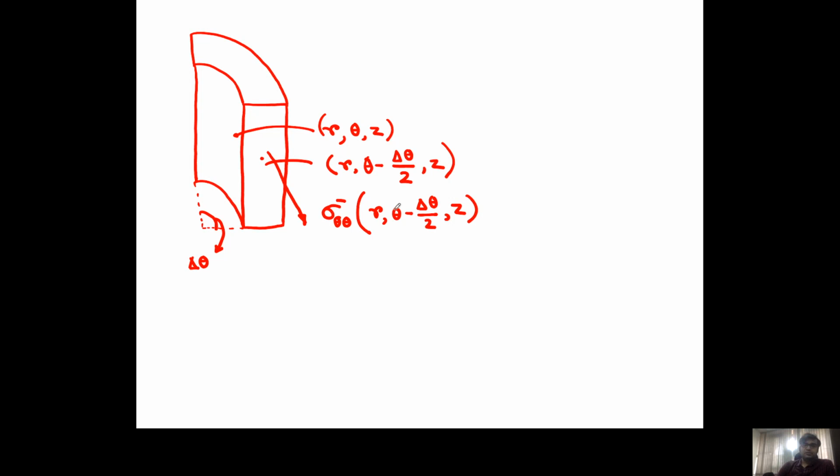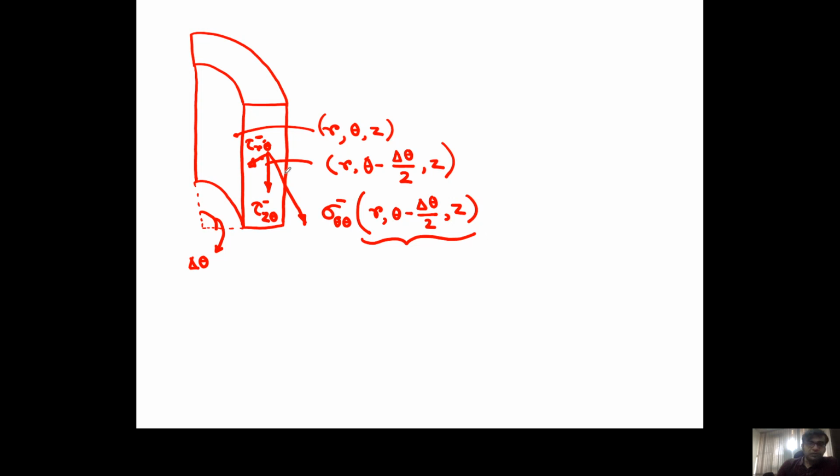Similarly, I am not going to write this again and again, just to save space. So this is my tau z theta minus, and this is my tau r theta minus. All these minus signs indicate that it is a function of these three quantities.